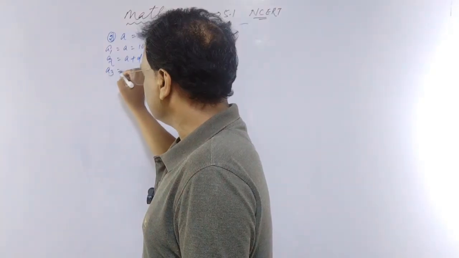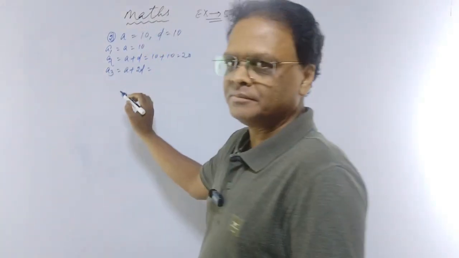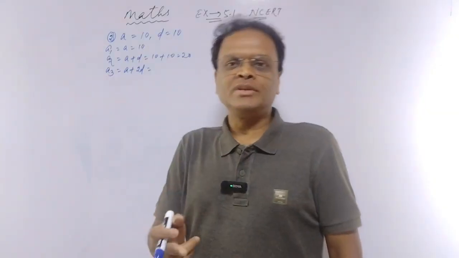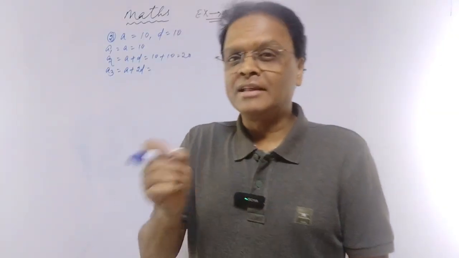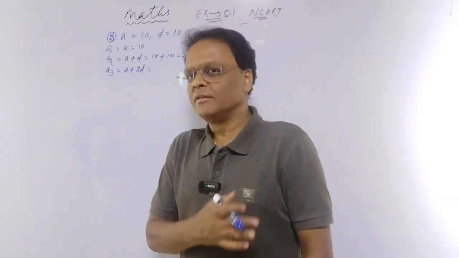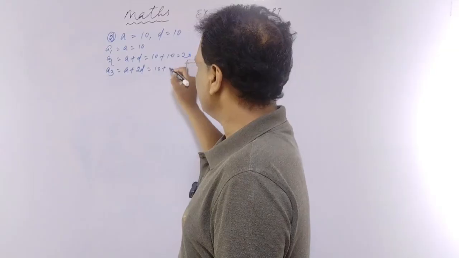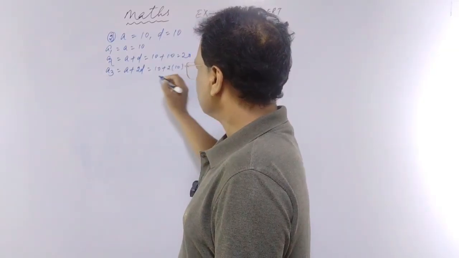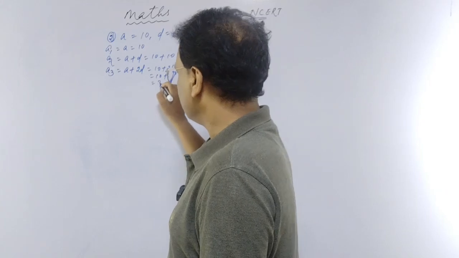The third term A3 is equals to A plus 2 into D if you want to use the formula. As I told you, A3 is A plus 2D, A4 is A plus 3D, A5 is A plus 4D, A10 is equals to A plus 9D by using the formula. A plus 2 into D, 2 into D is 10. So this gives me 10 plus again 20, that is 30.